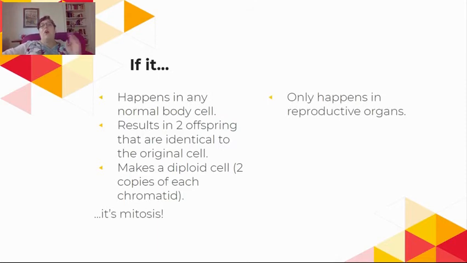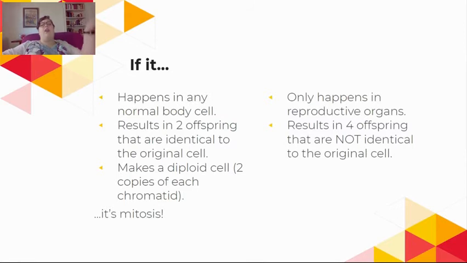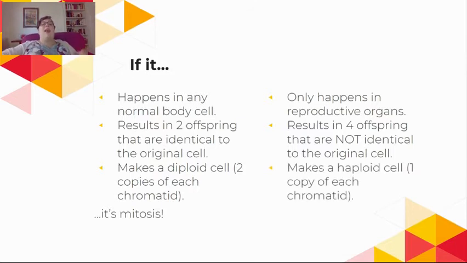On the other hand, if it only happens in reproductive organs, results in four offspring that are not identical to the original cell, and makes a haploid cell, meaning one copy of each chromatid, it is meiosis.